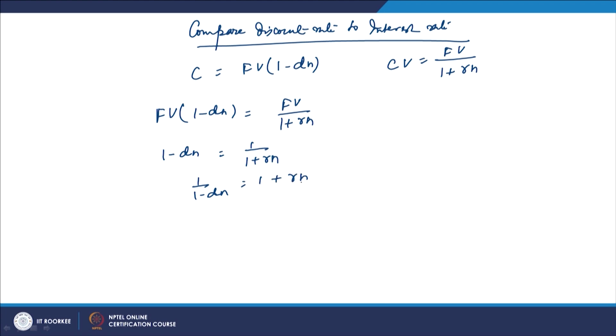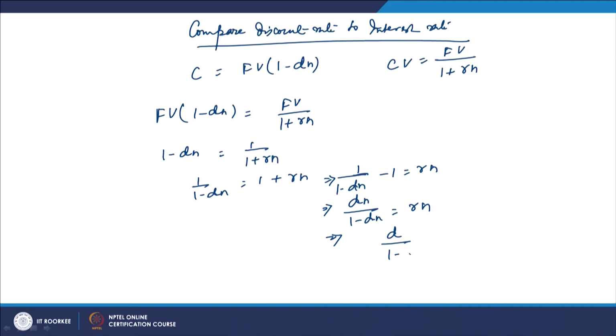So, you will further write 1 by 1 minus Dn minus 1 will be Rn, and from there it will be Dn upon 1 minus Dn, that is Rn.